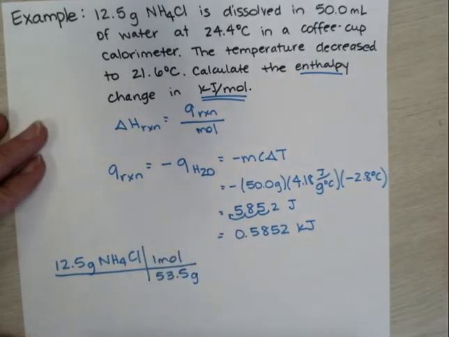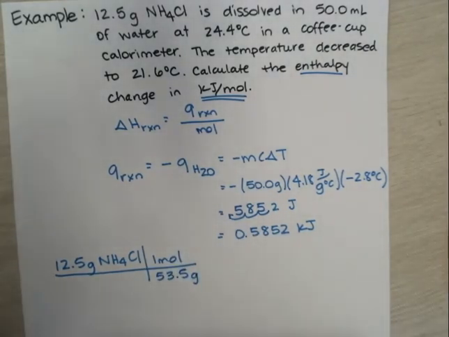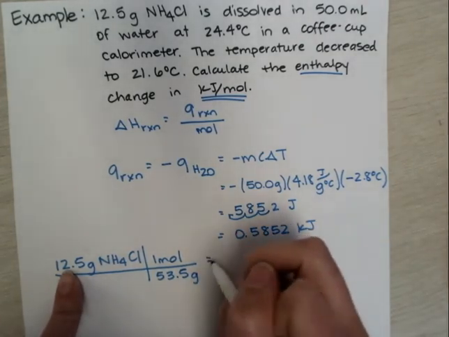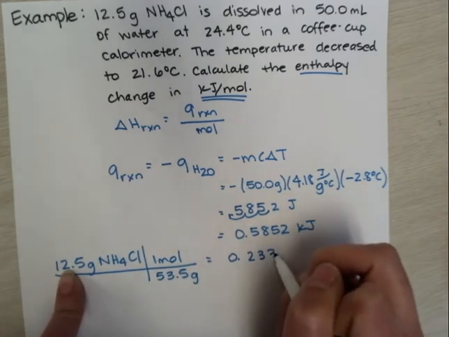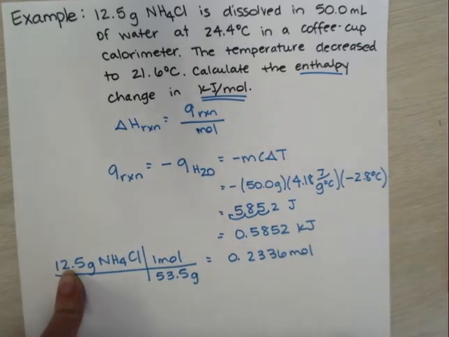Ammonium chloride weighs 53.5 grams per mole. So 12.5 divided by 53.5 equals 0.2336 moles.